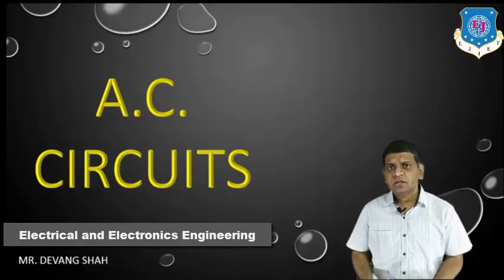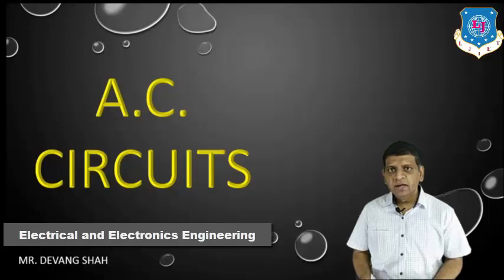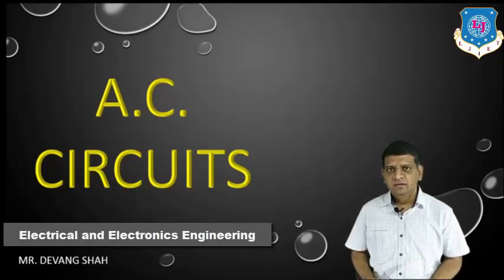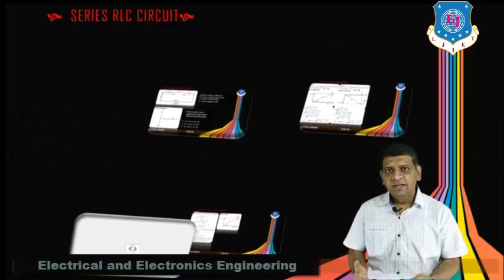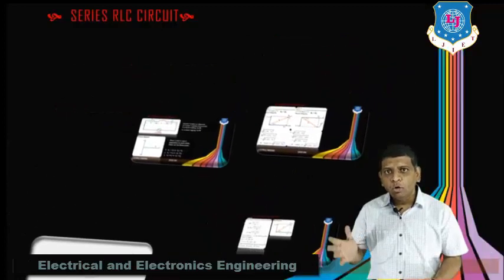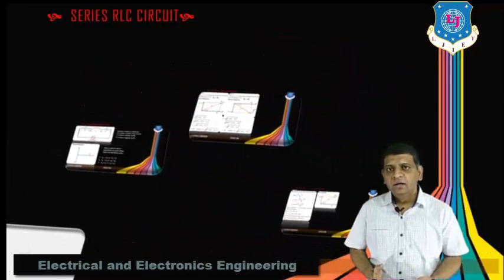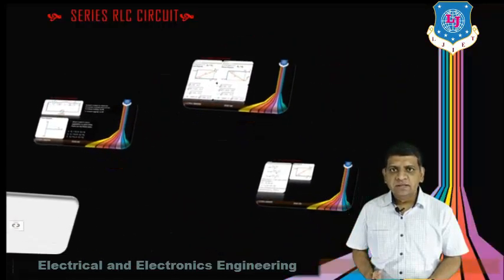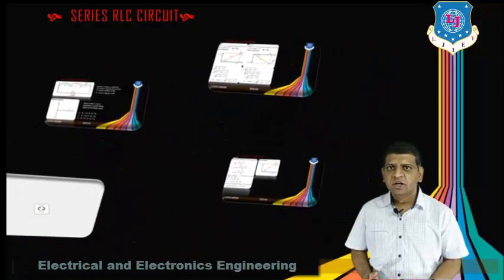Now we are going to discuss resistance, inductor and capacitor, all connected in series with an AC signal applied, right? So here we connect resistance, inductor and capacitor all together in series under the excitation of the AC signal, V is equal to Vm sin omega t.